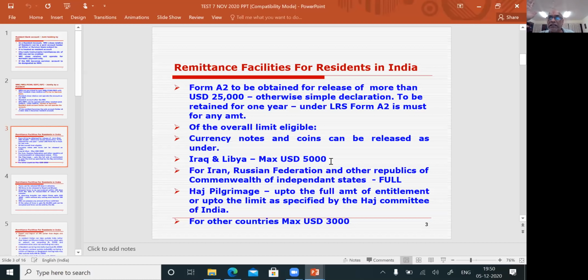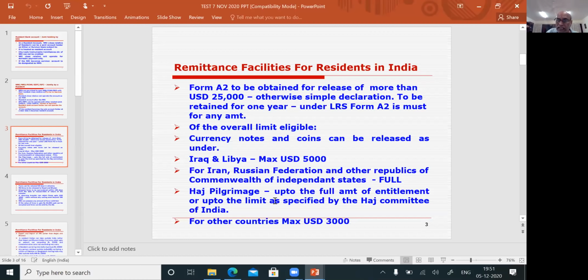You can give foreign currency notes to a maximum of 5,000 US dollar or its equivalent if the traveler is going to Iraq and Libya. Suppose he is going to Iran, Russia, etc., in that case, whatever the eligibility, the full amount you can release in foreign currency notes. Iraq and Libya, 5,000 US dollar only maximum in foreign currency notes. If he is going to Iran, Russian Federation and other republics of the Commonwealth of Independent States, you can release the full amount of his entitlement as foreign currency notes.